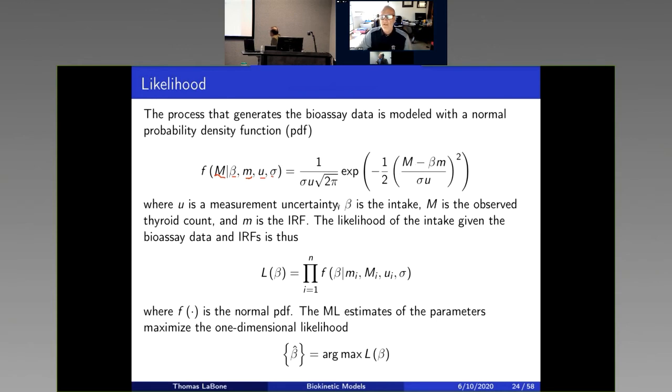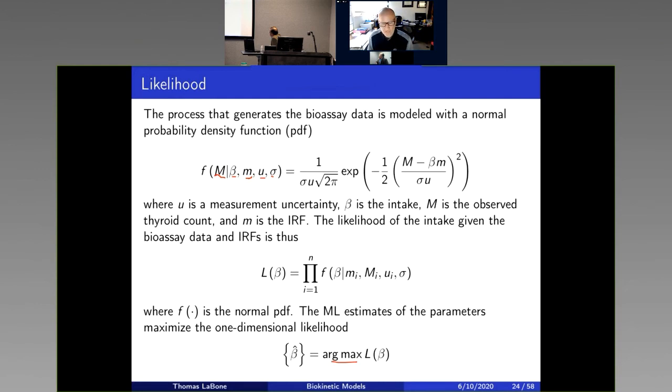Okay. So the likelihood is you take, for every bioassay result, the normal density, and you multiply these together, and that's your likelihood function. And if you go through and find the maximum of that, that is your maximum likelihood estimate of the slope, the intake.